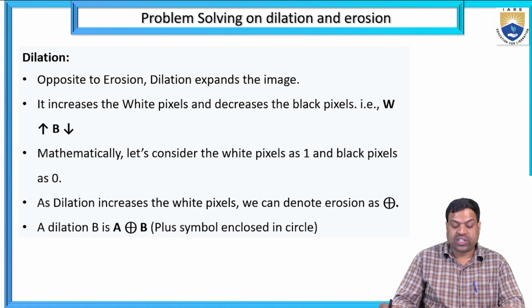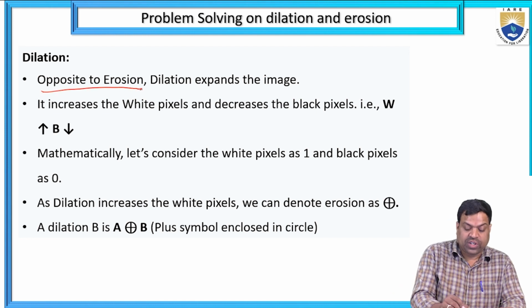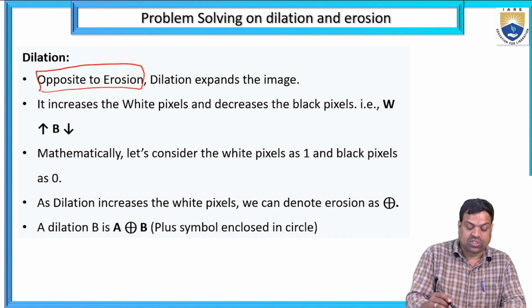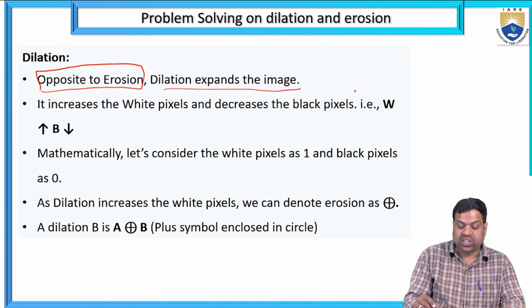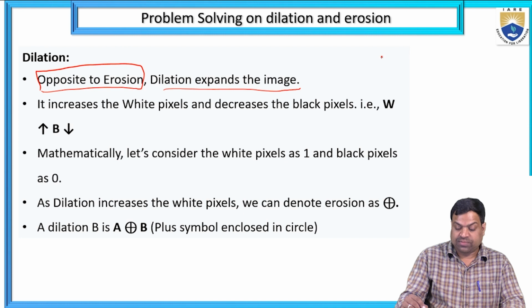And another one is dilation. It is also one type of morphological operator. Dilation is opposite to erosion. So dilation expands the image.